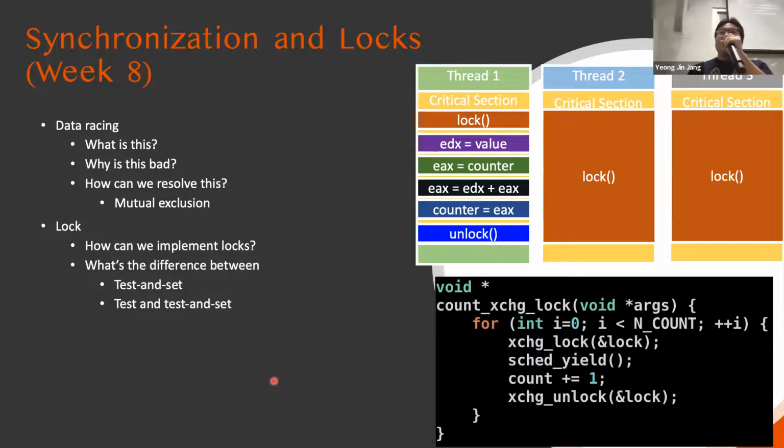So to avoid the data race, we need to synchronize so that the store of the thread that runs first needs to be finished before the next thread reads the value. And to guarantee that kind of store and read order, we can have a critical section.